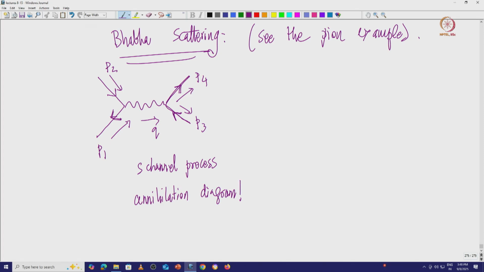And then there is the T channel process, in which the photon goes, time is in this direction. The positron goes like this, the electron goes like this, and the positron goes like this.